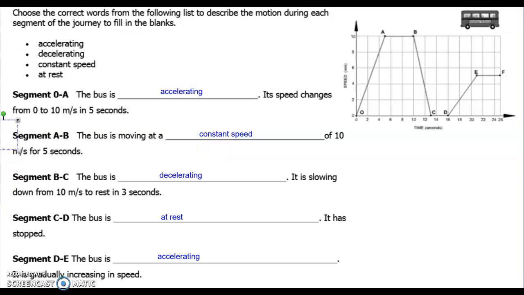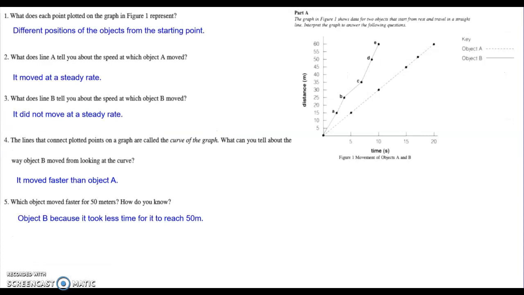So now let's turn to page 44. And let's look at our answers here. Number 1, what does each point plotted on the graph in figure 1 represent? The different positions of the objects from the starting point. Number 2, what does line A tell you about the speed at which object A moved?